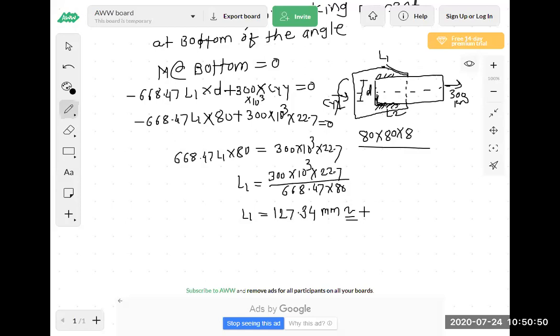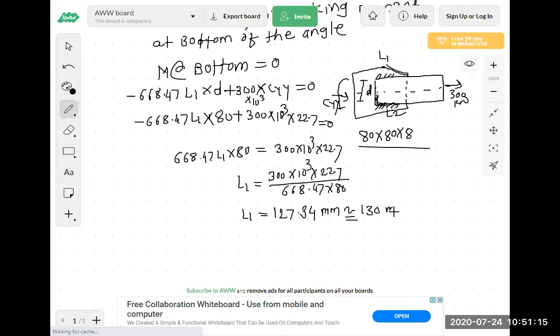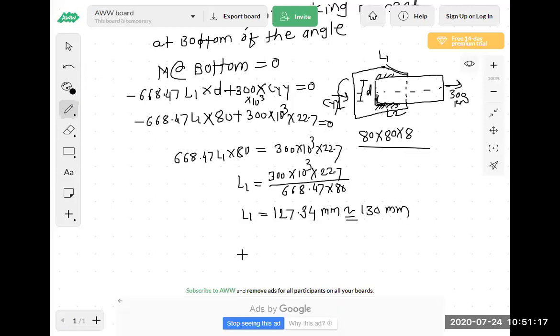Instead of 127, we will use 130 or 128. Increase by 3 mm, no problem. So instead of 127, we will write directly 130 also, no problem. So we select 130. So L1 is 130.